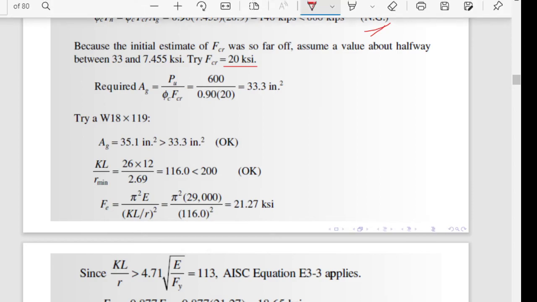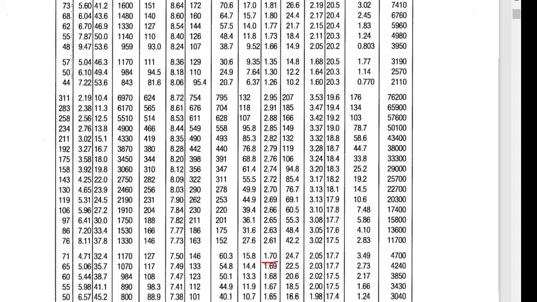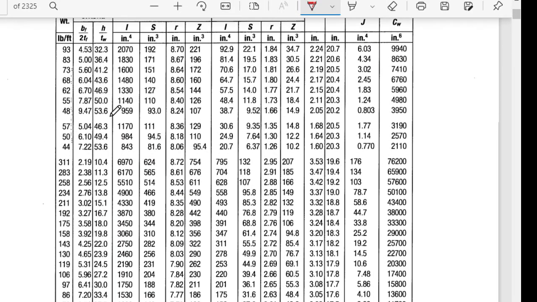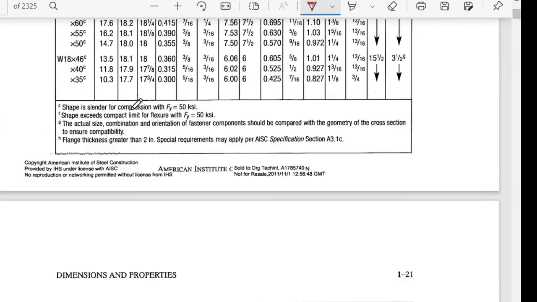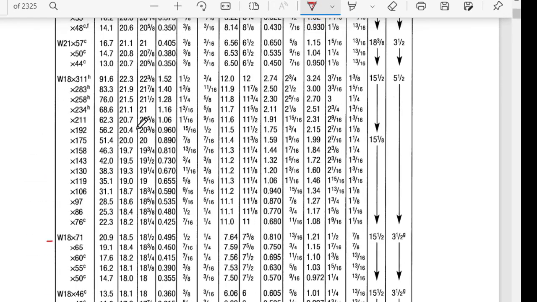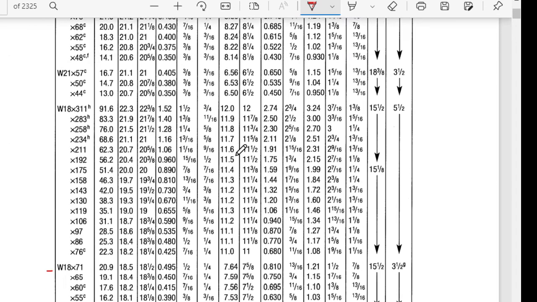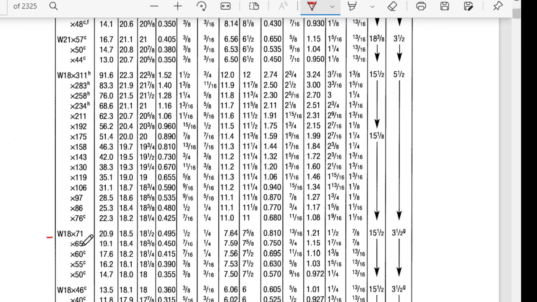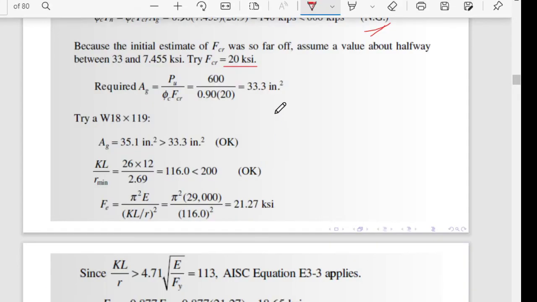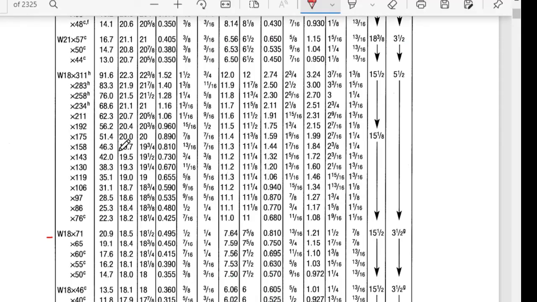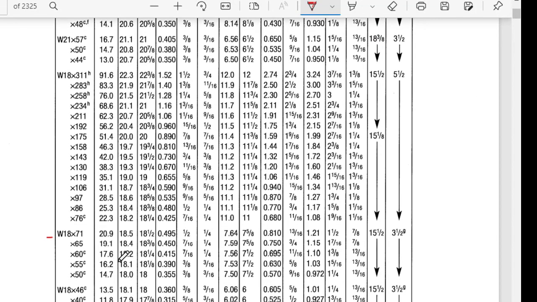So if we look at the table, the problem specifies W18, so we stick to W18. How much was it? 33.3, no? This is the area, the second column.